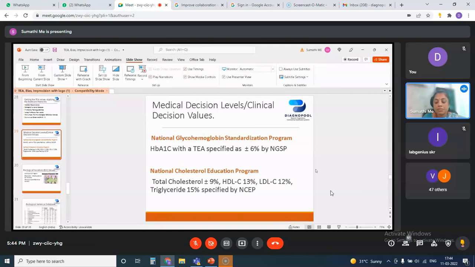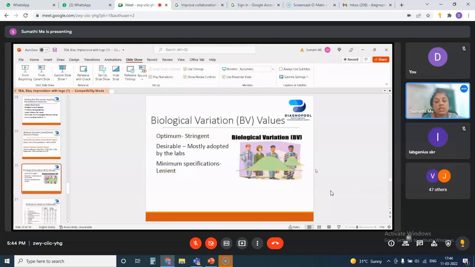However, some of the parameters are in the pipeline. Whereas if you don't get these specifications in the clinical guidelines set by the organizations, we can move on to the next guidelines which are available, what is called biological variation values.